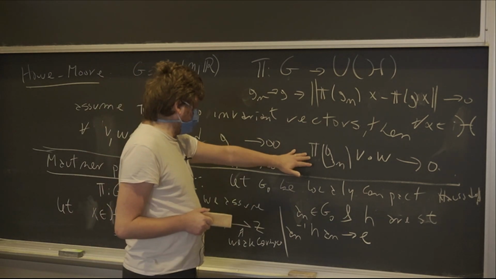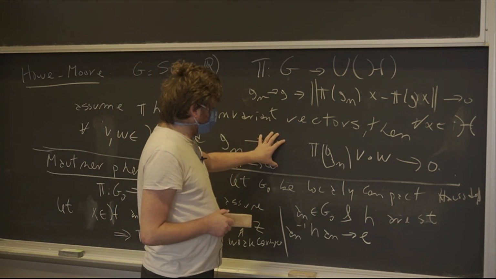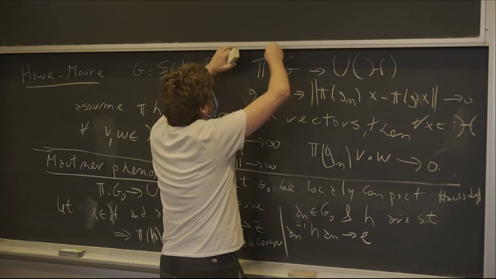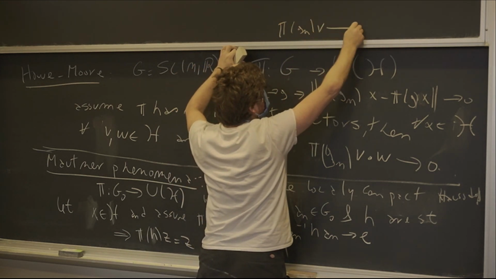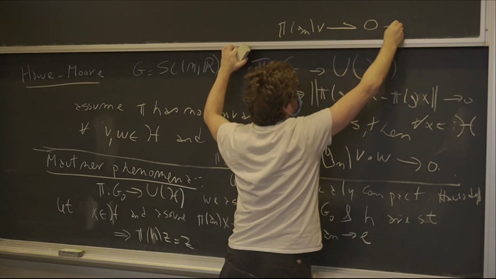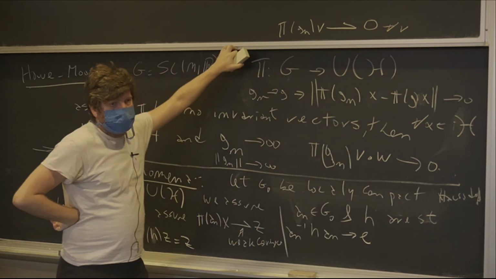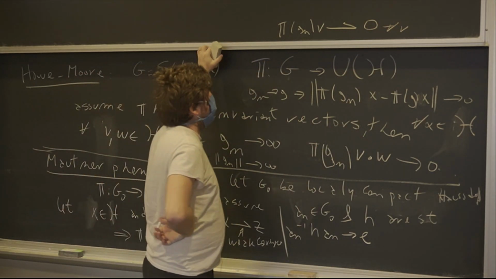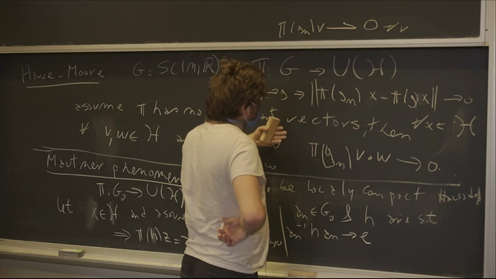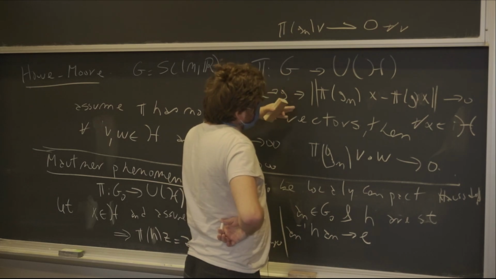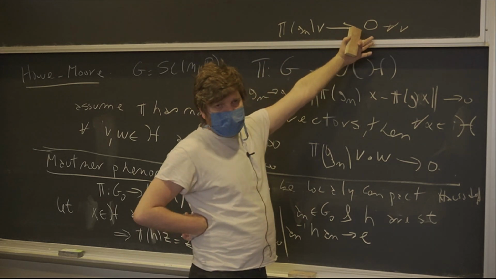A different way of stating Howe-Moore would be to say that pi(g_n)(v) goes weakly to 0 for every v. Essentially, I'm assuming no invariant vectors, so it should go to an invariant vector.